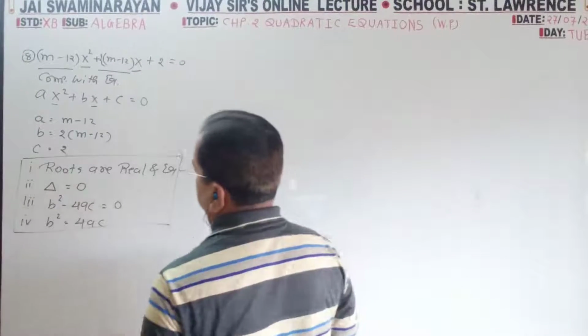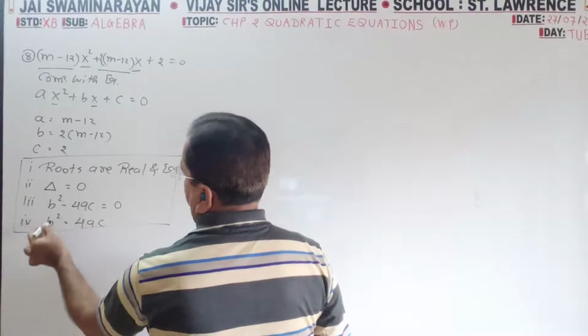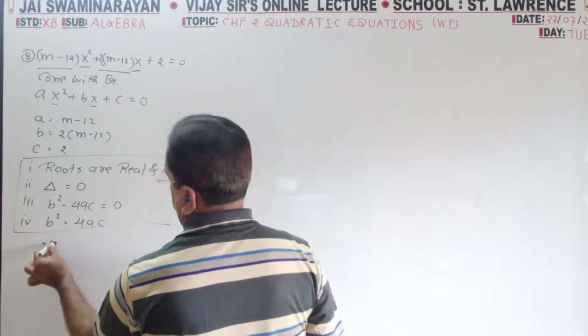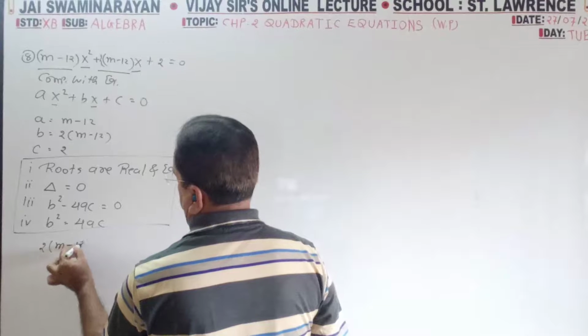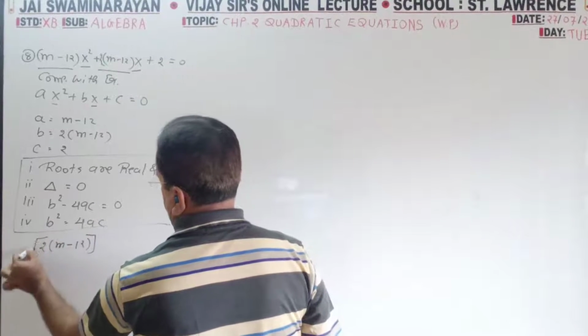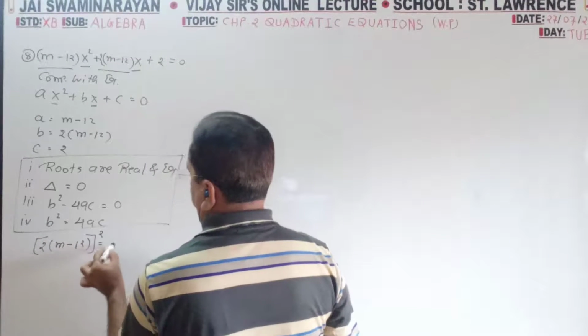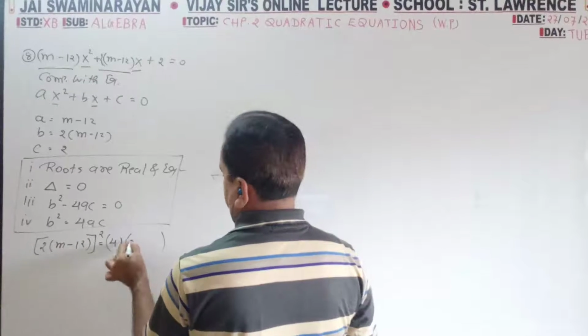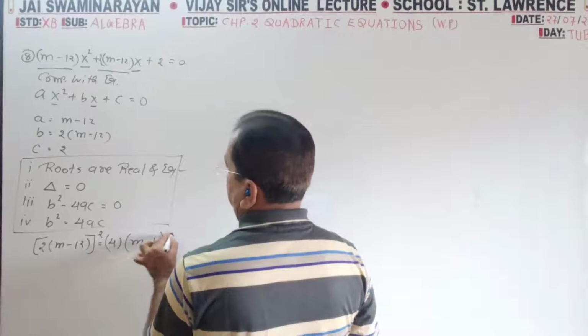Now again come to the question. b square is equal to 4ac.